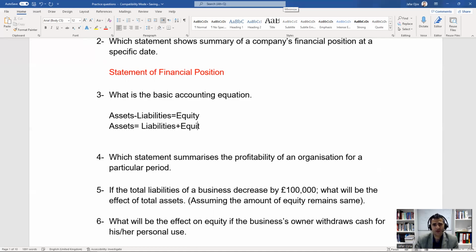So it depends on the question itself. You can use either version. So assets minus liabilities equal equity, or assets equal liabilities plus equity.